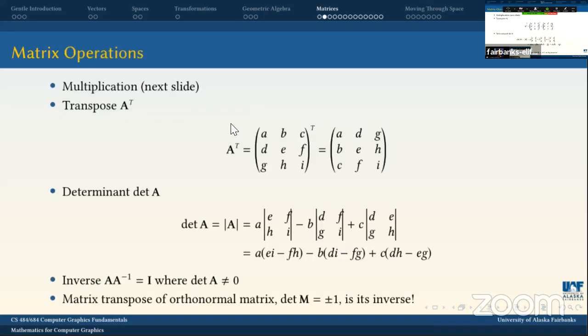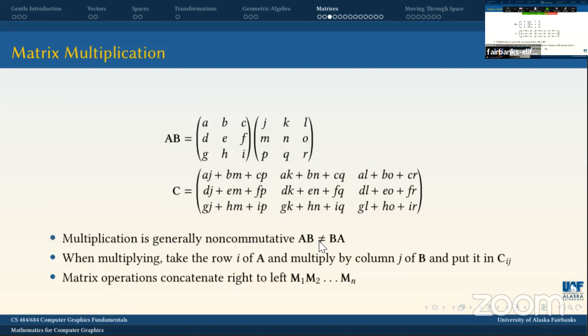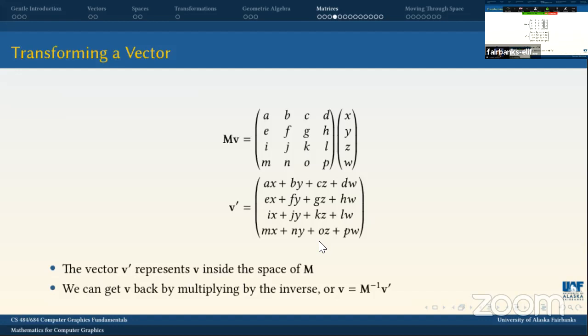Okay, so we talked about the transpose and the determinant. The determinant's handy because if the determinant is not 0, then it has an inverse. If it is 0, then you're not going to find an inverse. That matrix is probably all sorts of messed up for 3D graphics. Okay, so we talked about how to multiply them together and how to transform a vector.